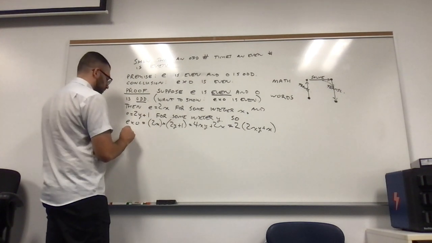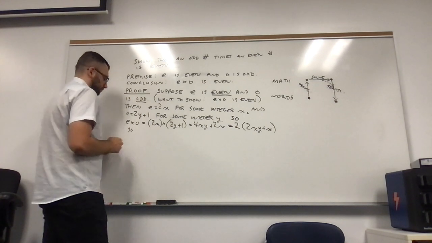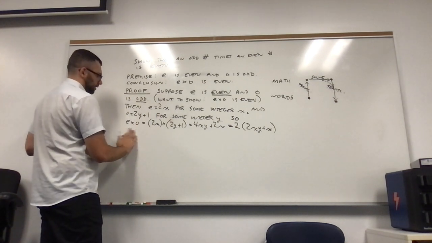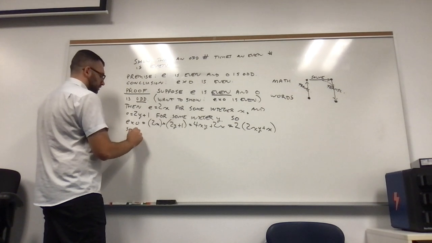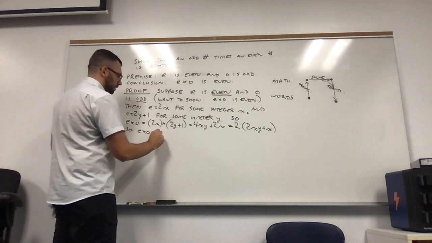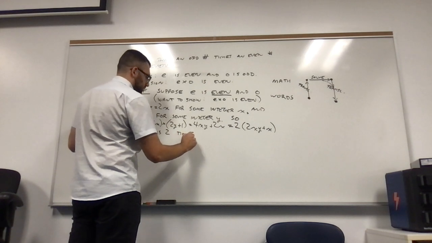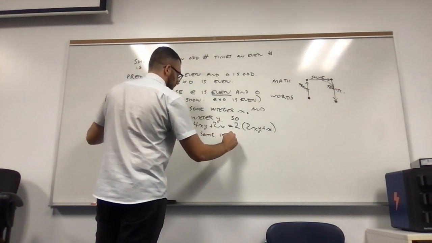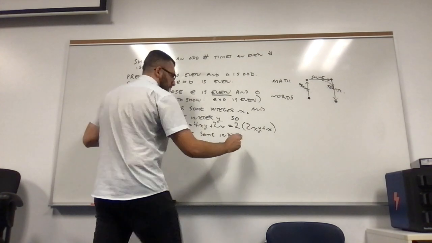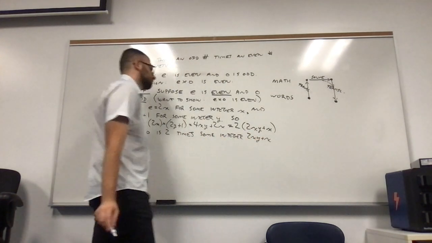So we've shown that it's even, and maybe we can write that. So E times O is 2 times some integer, which is 2xy plus x.